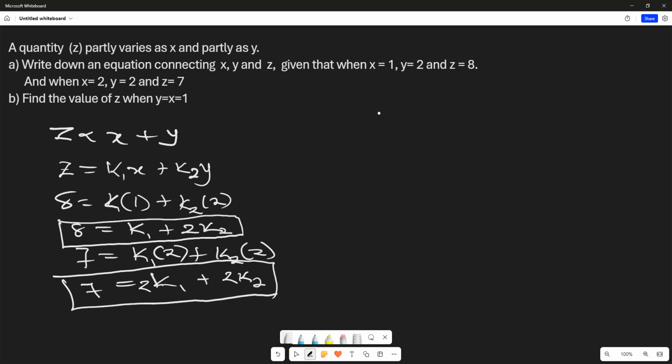We'll use the elimination method. So we are going to subtract. Let's call this equation 1 and equation 2. We'll subtract equation 2 from 1.